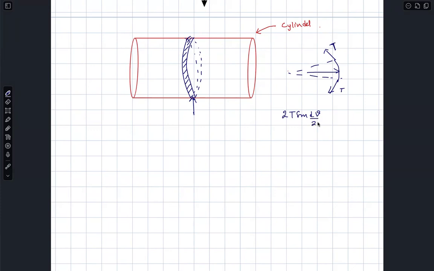Here the pressure is P, and the arc length is r d theta, and the width is dr. So T is P into radius of the container into dr.